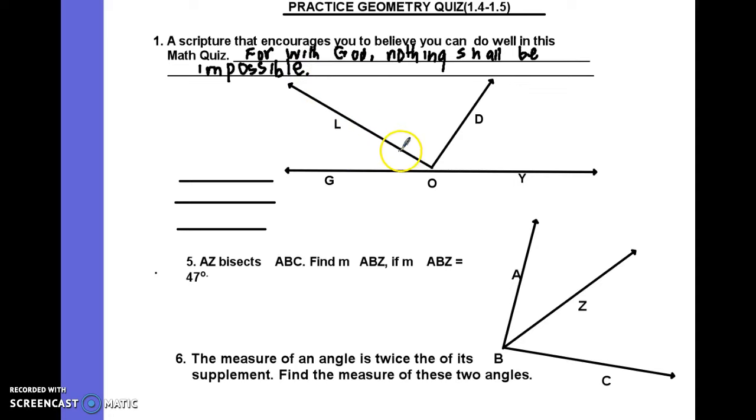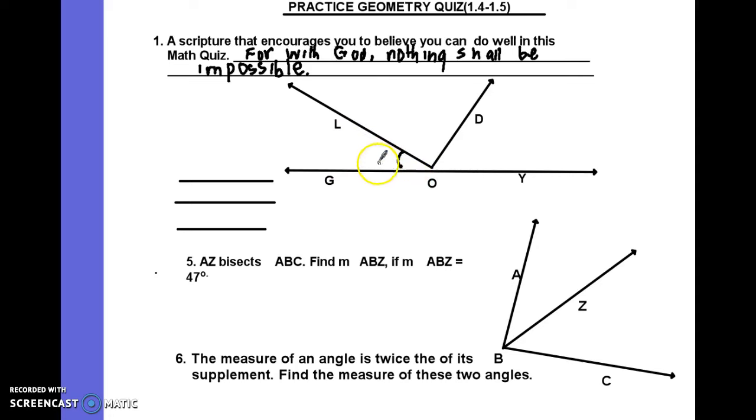So here, we're going to be doing some measuring, and I don't have the protractor to show you, but if you were to look at measuring this angle, I'd like for you to mark your angle that you're measuring. Say angle GOL, and go ahead and mark it, and you can already tell that it's acute.